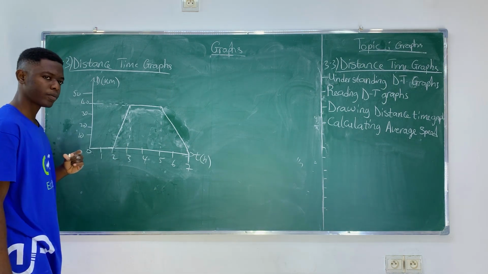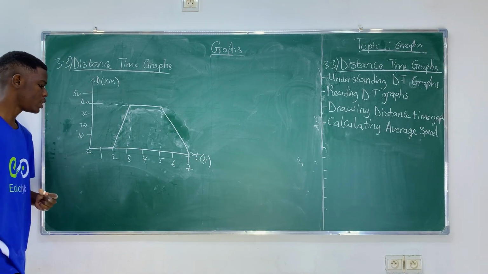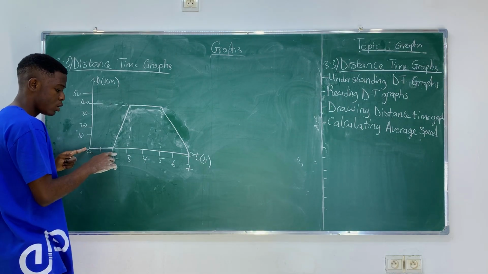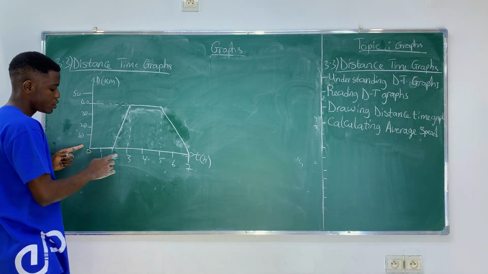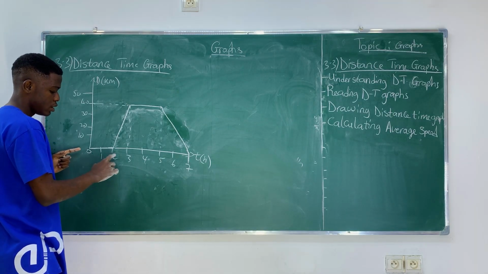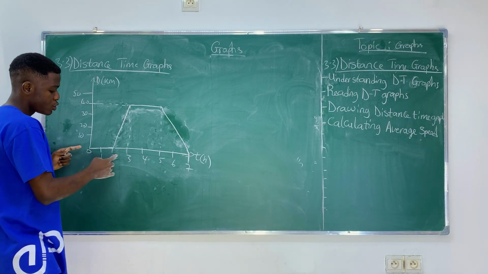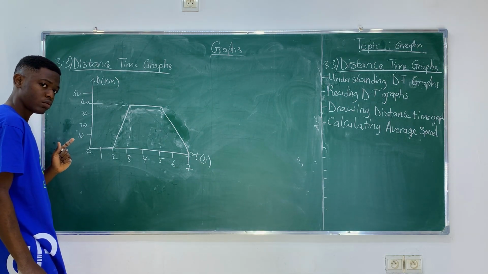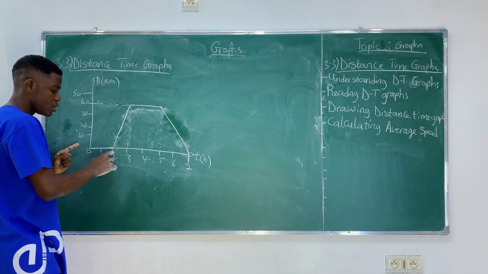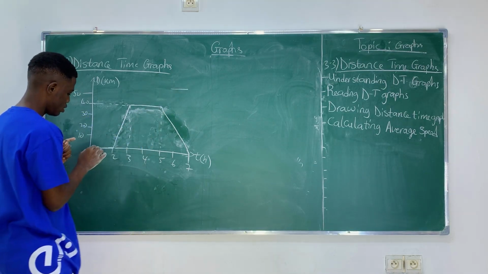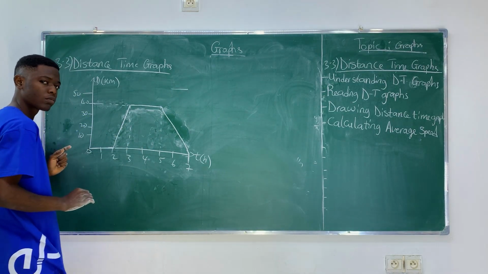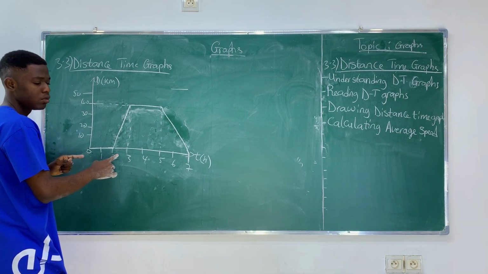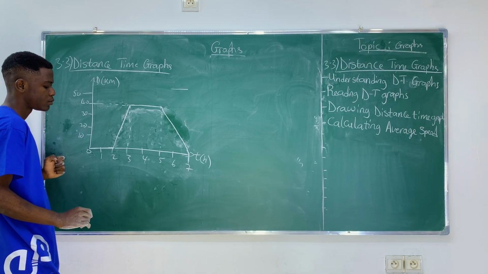If you want to describe it, you say from 0 to the second hour, or for the first 2 hours, the person was not moving. For the first 2 hours, the person did not move because the line is actually straight here. That is all for the first stage.